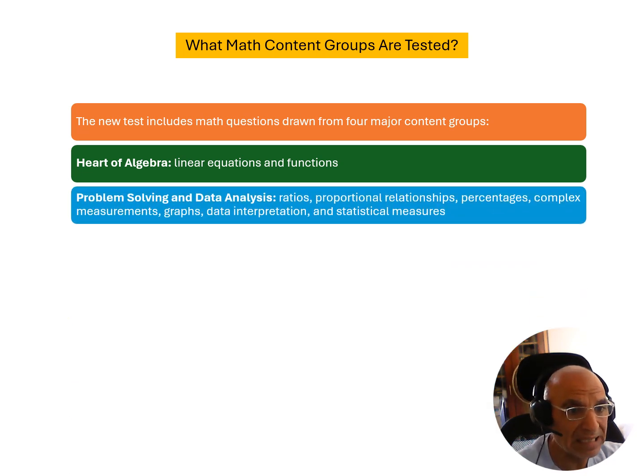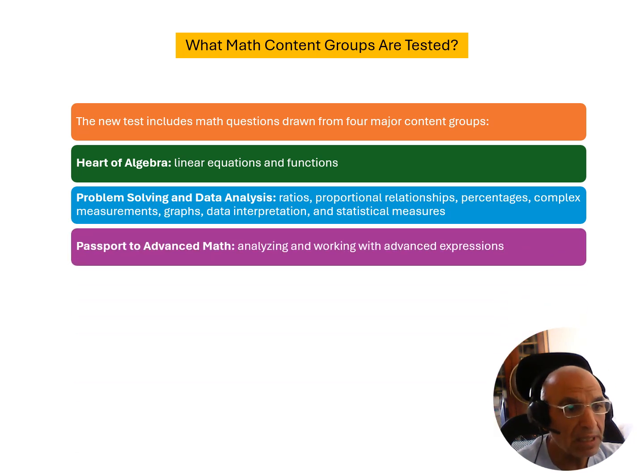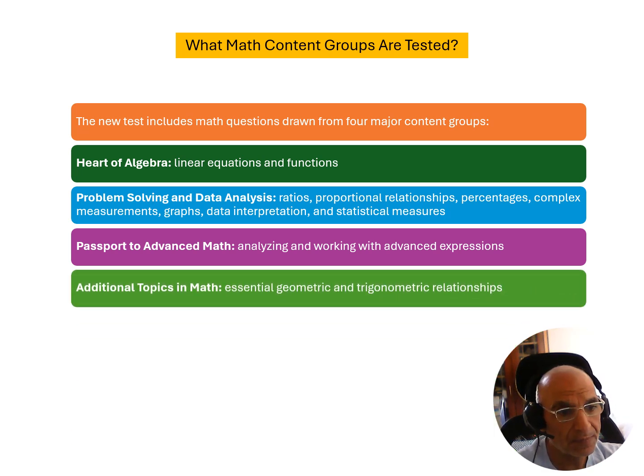Problem Solving and Data Analysis, which contains many lessons like ratios, proportional relationships, percentages, unit measurements, graphs, data interpretation, and statistical measures. Fourth one, Passport to Advanced Math, analyzing and working with advanced expressions. Additional topics in math like sequences, geometric and trigonometric relationships.